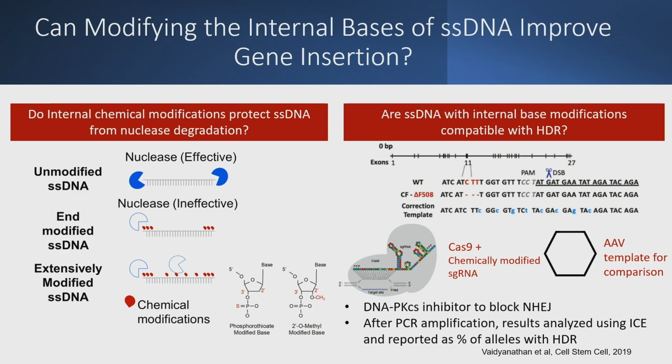We used a DNA-PKcs inhibitor to block the NHEJ pathway as well. After gene editing the airway cells, we PCR amplified the target sequence. We analyzed the results with ICE and reported the results with percentage of alleles that had HDR.